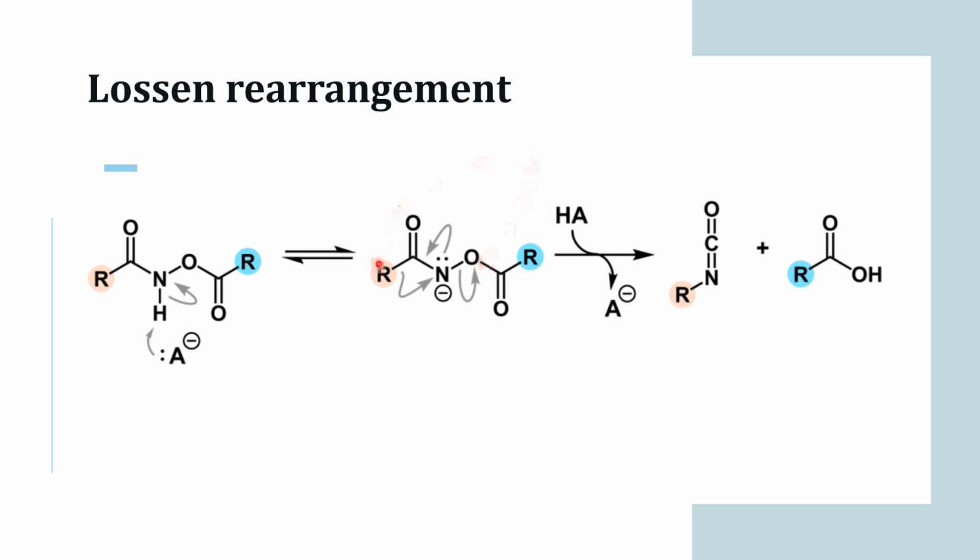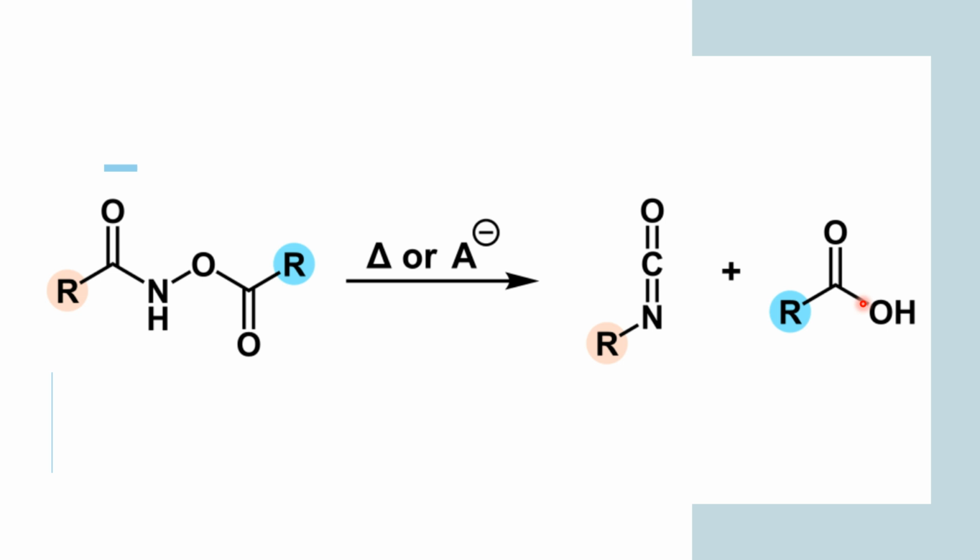Hence, this intermediate gets broken down into two parts, one of which is isocyanate and the other is acid. Hence, in this reaction, these are the two products which we are going to get.